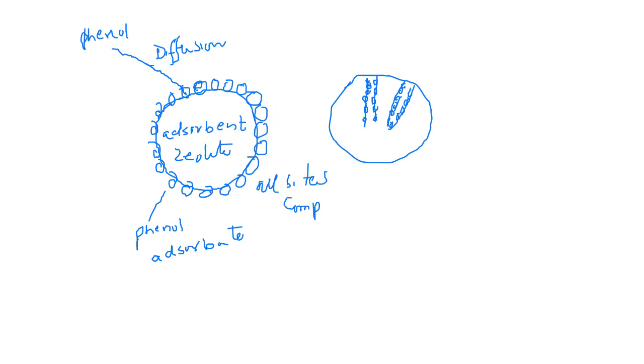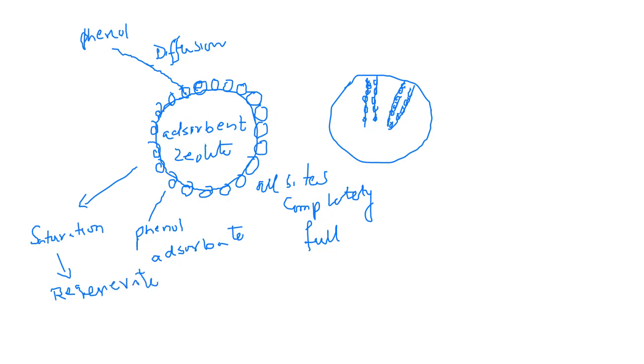At this stage it is called saturation. And when it gets saturated, what do we do? We regenerate the adsorbent. By heating, we remove this phenol. Once it is removed, the site will become fresh again like this.